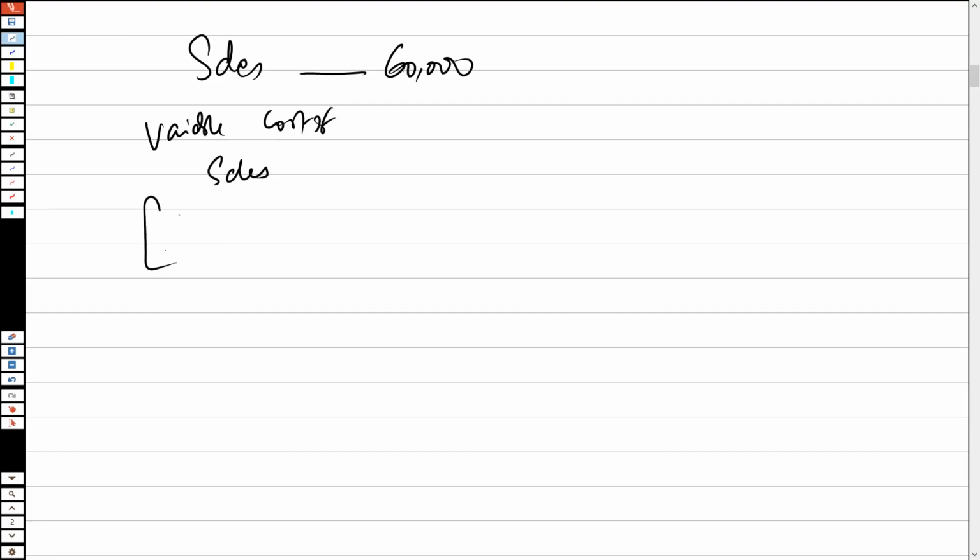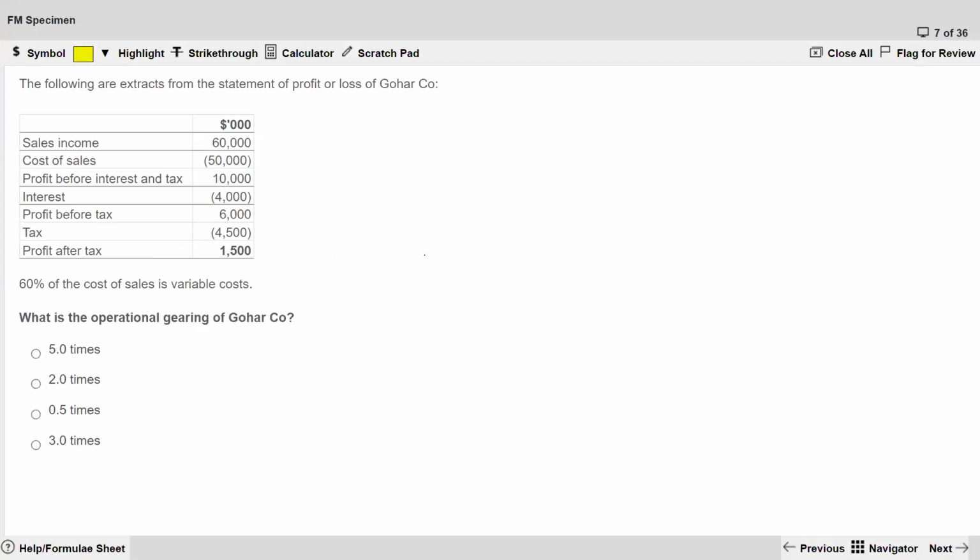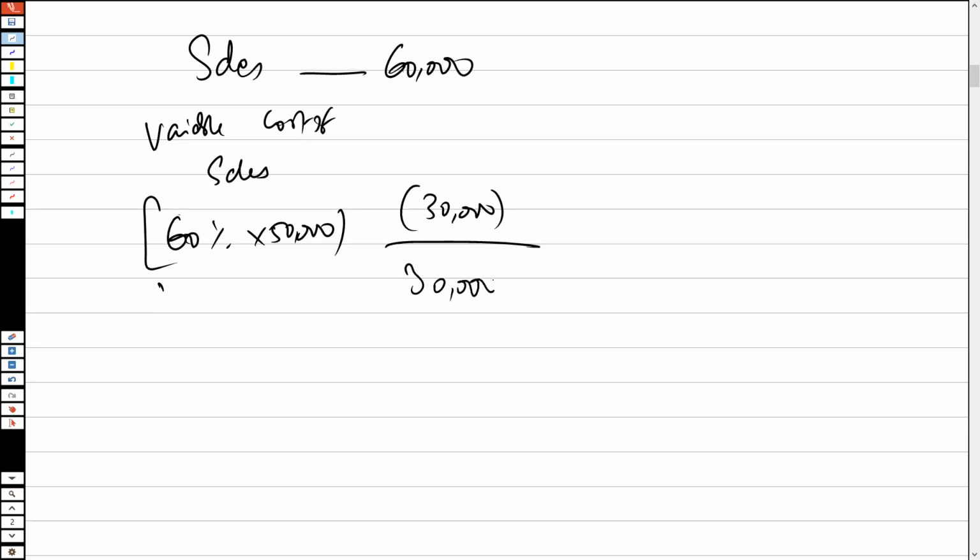We are being told that 60% of the cost of sale is variable. Hence, do we have any other variable cost? So that's interest which is given. Now, resultingly, 30,000 is the contribution you have got.